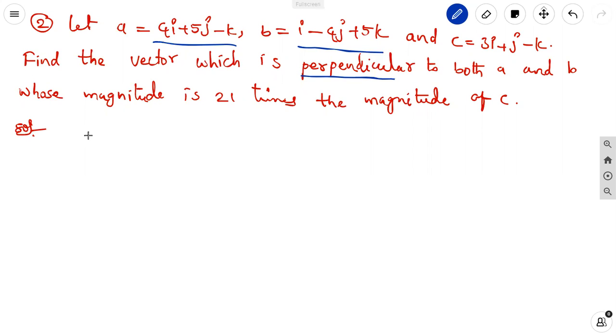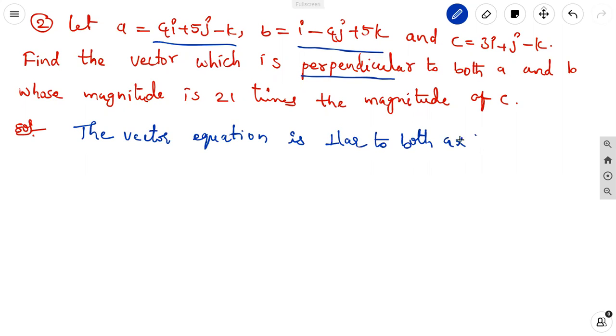What is the formula? The vector perpendicular to both A and B is equal to A vector cross B vector divided by the modulus of A vector cross B vector. This is the formula.